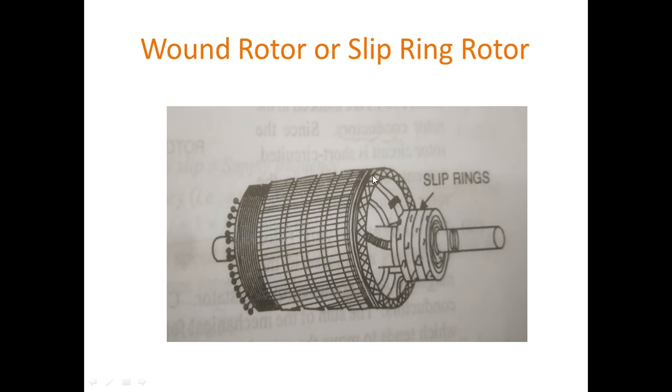The open ends of the windings are brought out and joined to three insulated slip rings. So these are the slip rings which are mounted on the shaft of the machine. Along with this, three brushes rest on the slip rings.